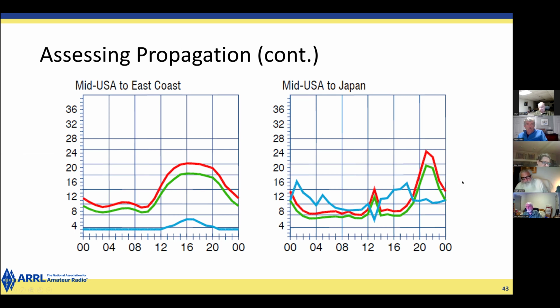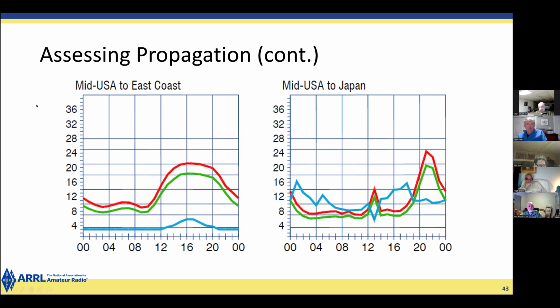Nowadays, there are propagation services that will do things instantly based on the up to the minute sunspot number, and will give you a worldwide map on different bands for the current conditions and the predicted conditions in a few hours, or give you a sort of table of how well you can expect to get through to a distant location at different hours on different bands. So it will be a tabular version of this graph, but again, up to the minute.